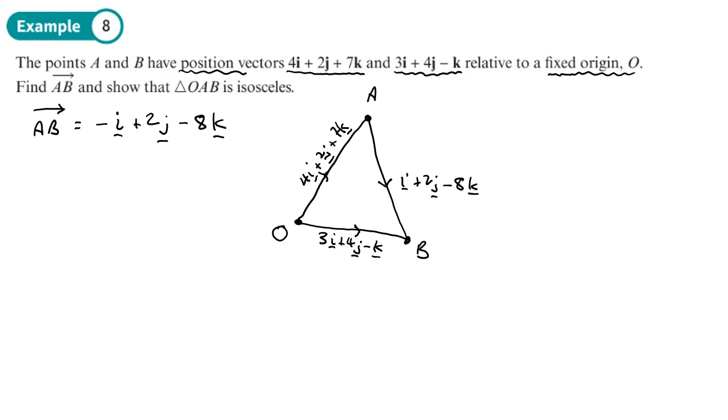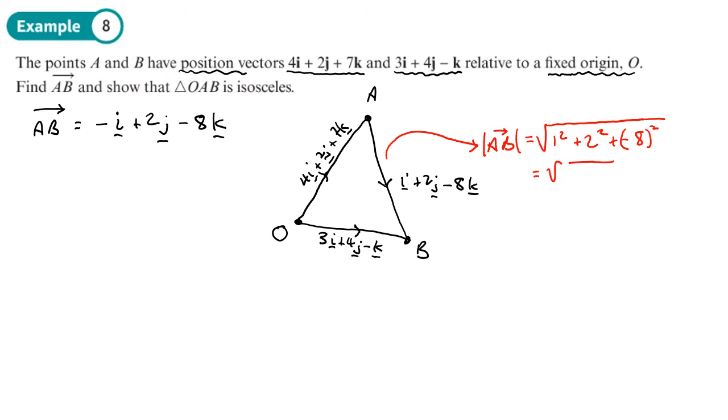Now, if we want to prove it's isosceles, we should have two sides the same length. So we're now going to use Pythagoras to work out the lengths of each of the sides. So the length of this side, so the length of AB, well, that will be the square root of 1 squared plus 2 squared plus negative 8 squared. Now I think I'll be able to do that in my head.